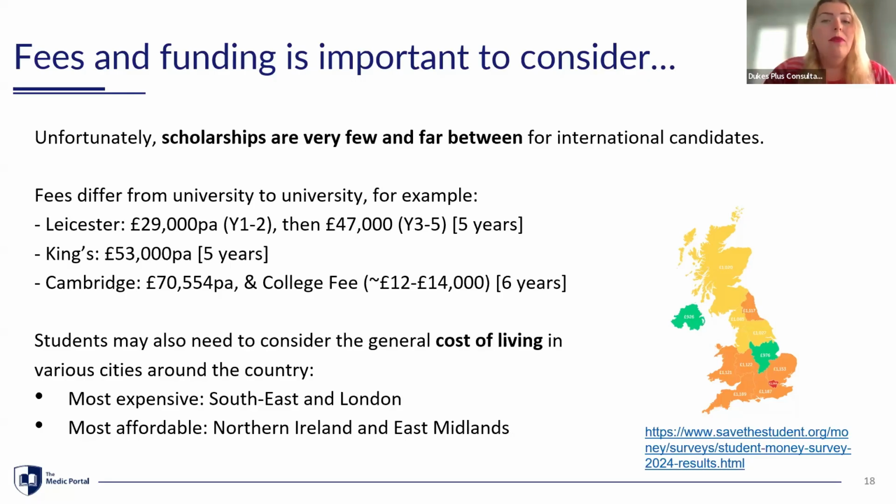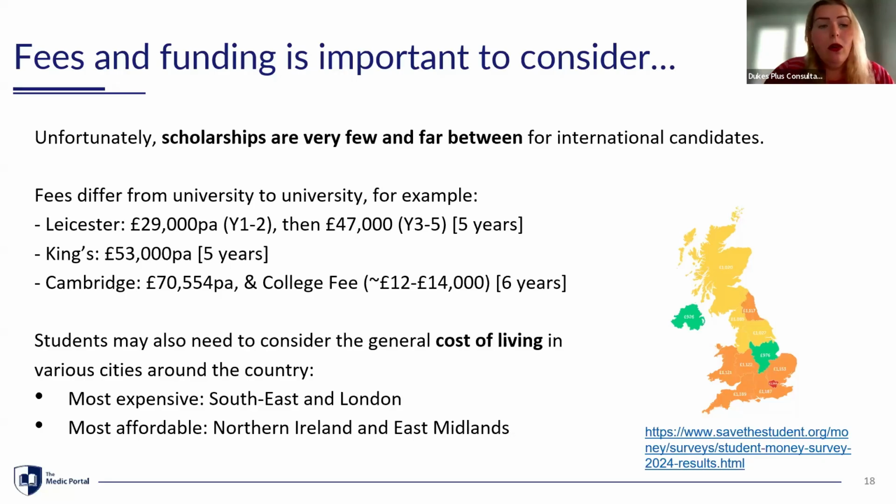So even if scholarships are available, it will only be for a partial amount of the overall tuition. So in the vast majority of cases, international students will need to be prepared to prove to the universities in most cases that there are the private funds available from family or other means to make sure that the tuition fees can be covered, as well, of course, as the maintenance and the cost of living fees.